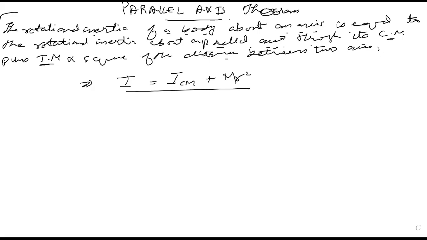Before we start the proof, let's understand the diagram first. For understanding the diagram, we are drawing here the y-axis, here on the left side, and here is our x-axis.